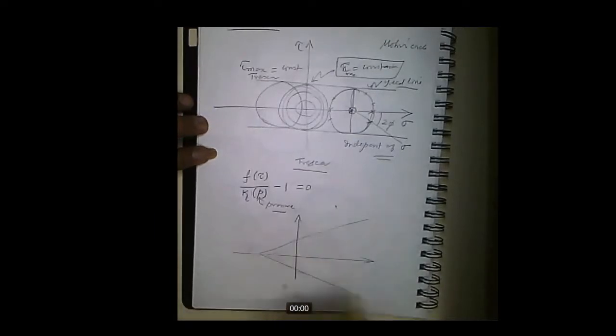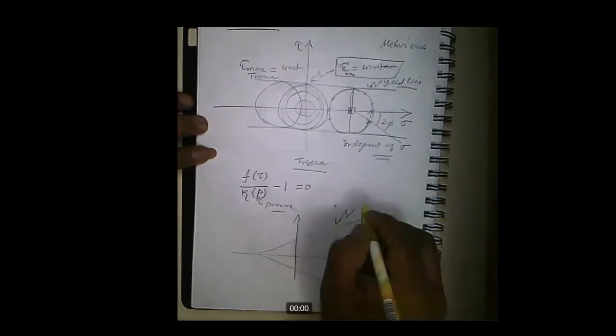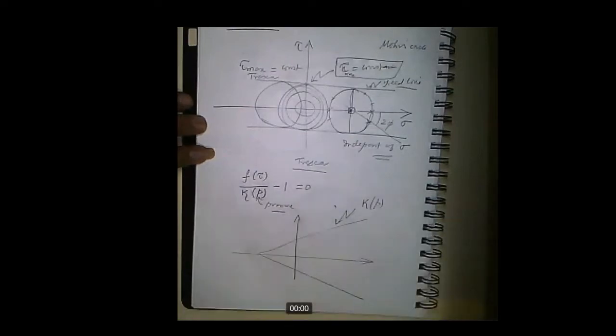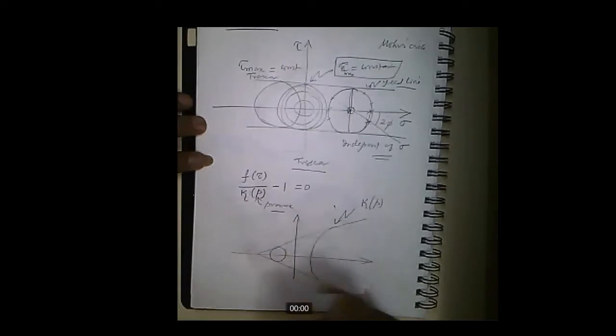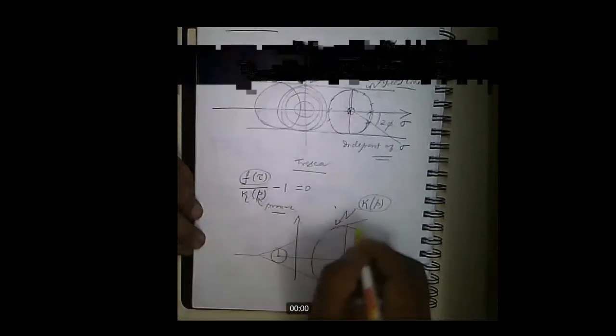This is kappa of P. Then, if my Mohr circle is here, it will be small like this. If my Mohr circle is here, it will be big here. What I'm saying is, if I say kappa of P, f of tau is equal to kappa of this.